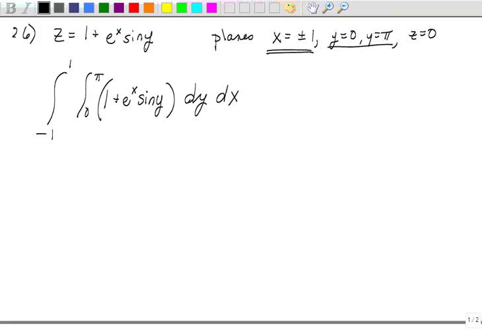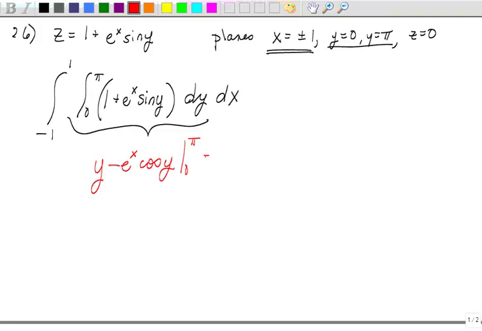Okay, now this is a continuous function, so it doesn't matter the order of integration. If I do y first, that means x is a constant, so e to the x is constant. So that's going to be integral 1 is y. Integral sine is minus cosine. E to the x is constant, and I go from 0 to pi.